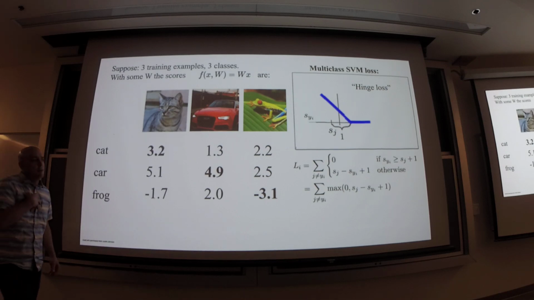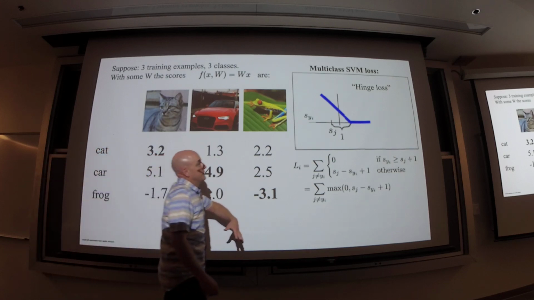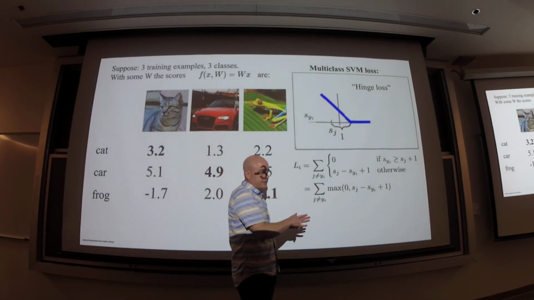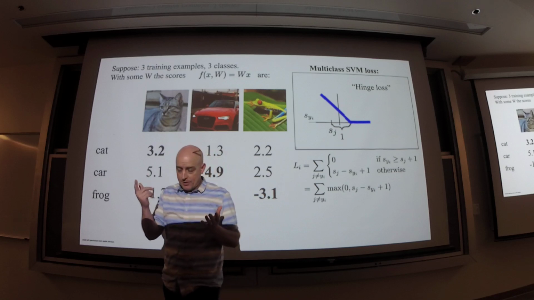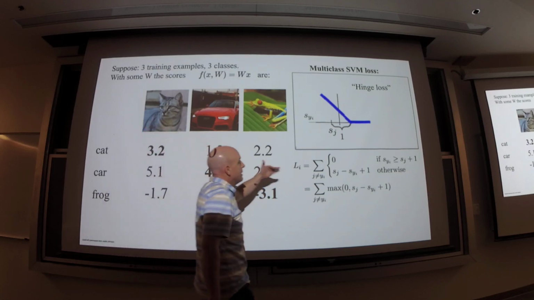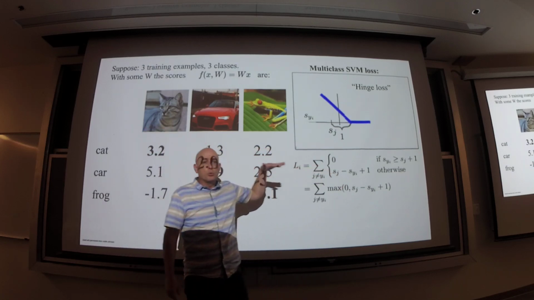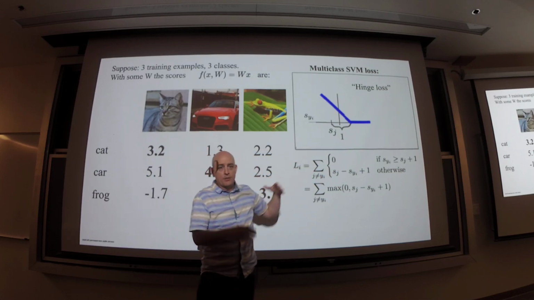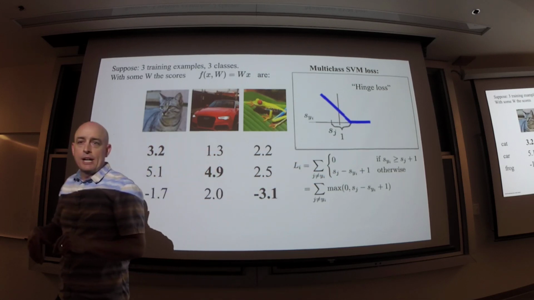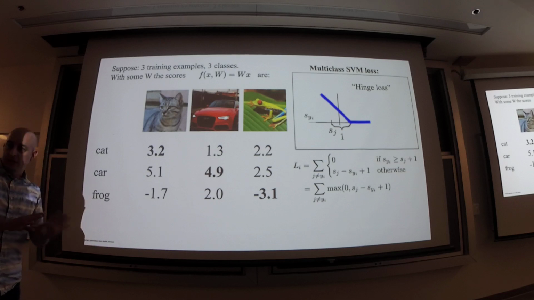Just remember, whatever the score function is, if you pick it to be linear, whatever your parameters are, this is just a way of measuring how well we are doing on the ith example, right? There's lots of ways to do this. We're going to look at another example in a second.